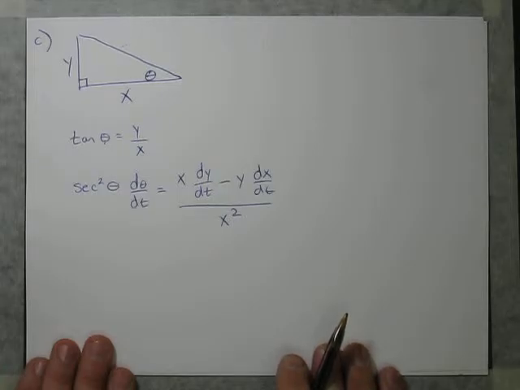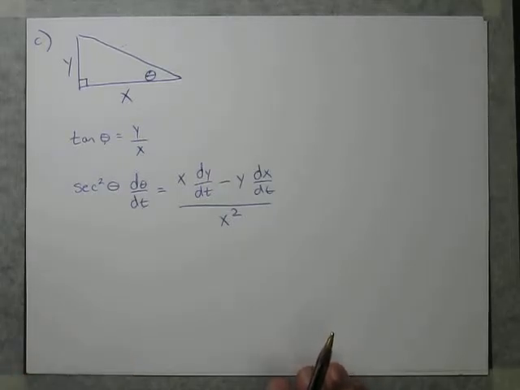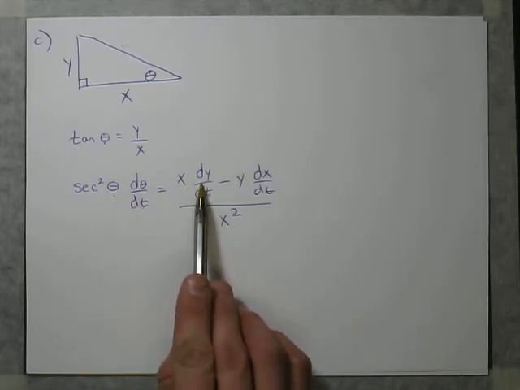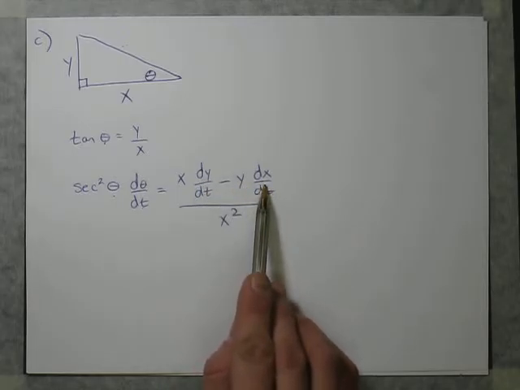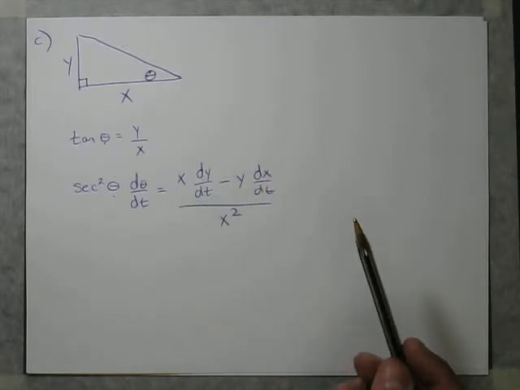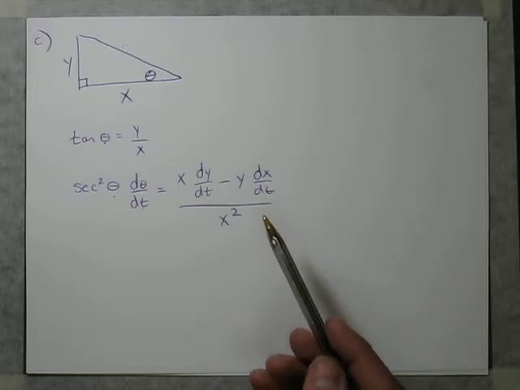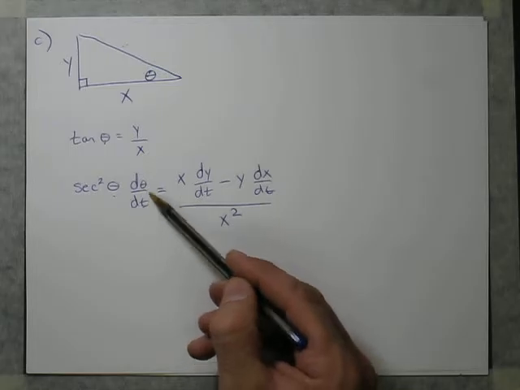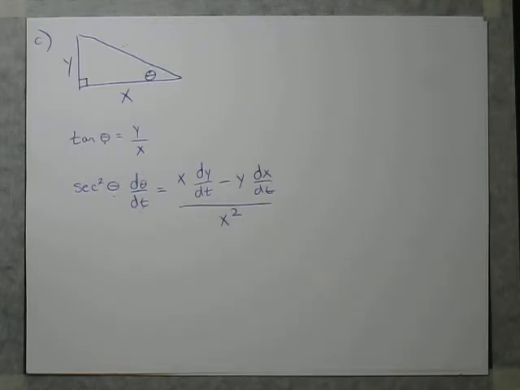Now, when I look at this problem, the issue is I have 1 unknown, 2, 3, 4, 5, 6 unknowns. X and x are the same. So I need to plug in for 5 of them to be able to find out what d theta dt is.